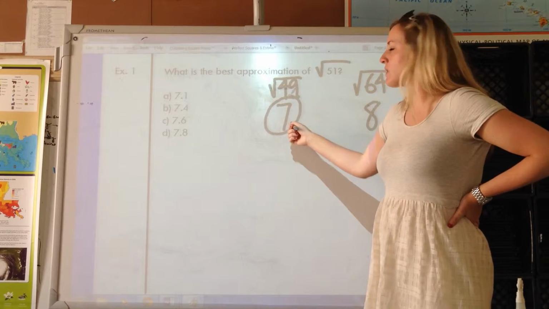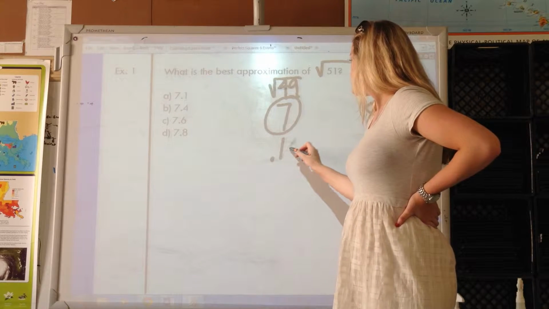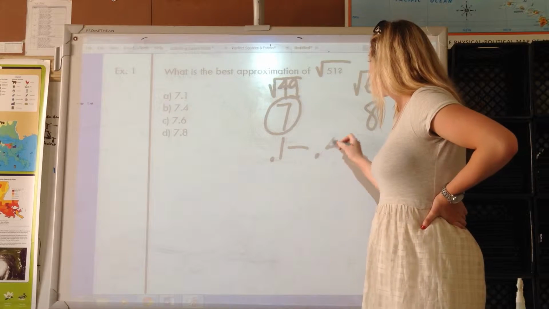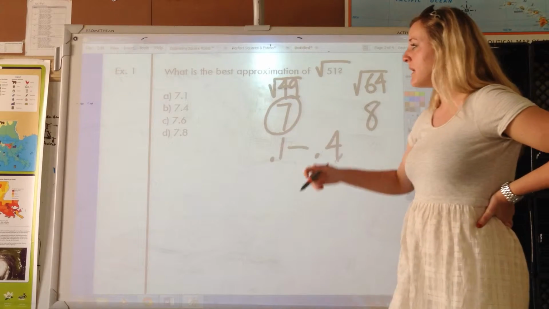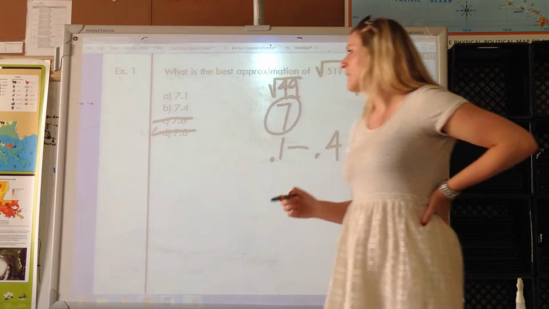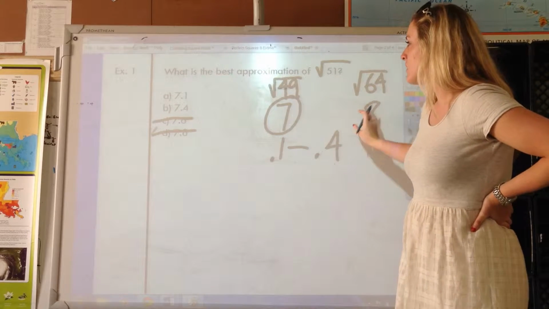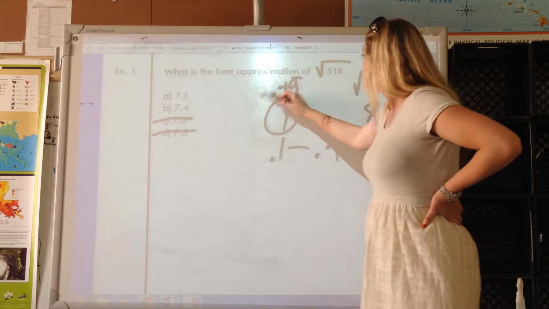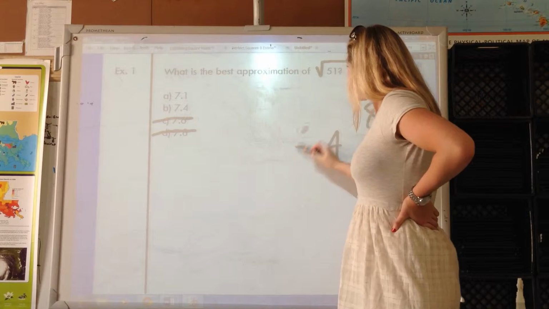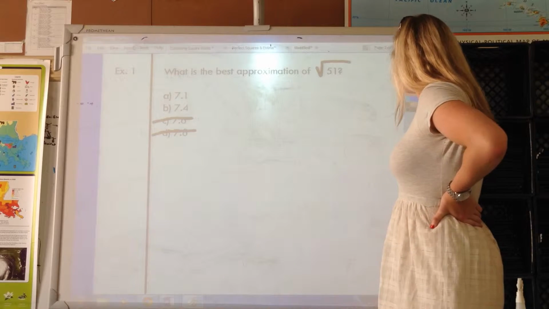And since it's closer to our lower integer, I know that its decimal is going to be between 0.1 and 0.4. So I can immediately eliminate 7.6 and 7.8 because those decimals are too high and they're too close to the number 8. So my next step is just to figure out, is it 7.1 or 7.4?